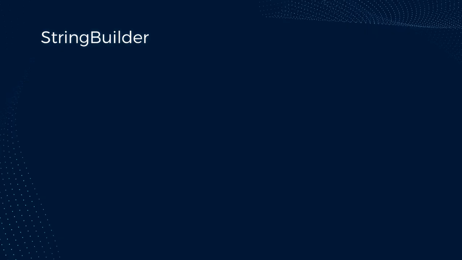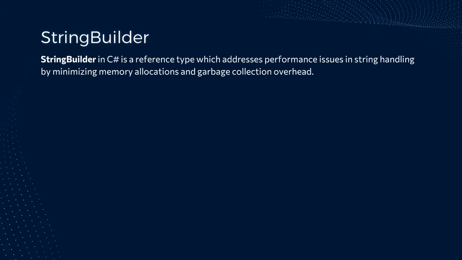Now what is the solution? The solution is StringBuilder. So let's look at the StringBuilder. StringBuilder in C# is a reference type which addresses performance issues in string handling by minimizing memory allocations and garbage collection overhead.